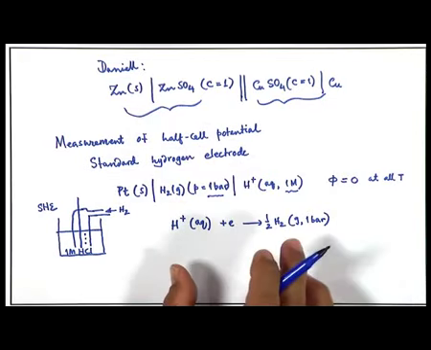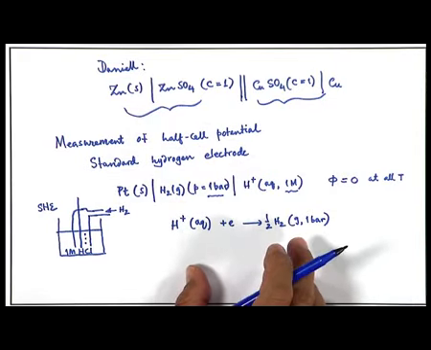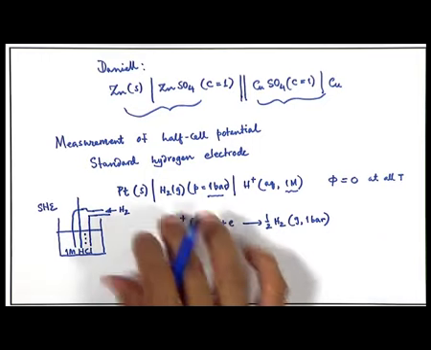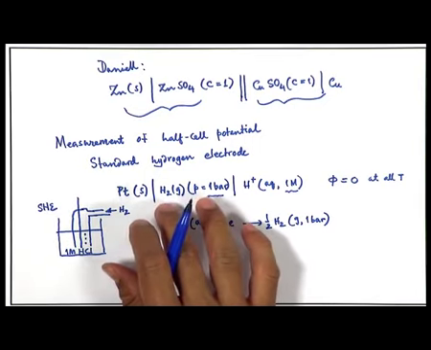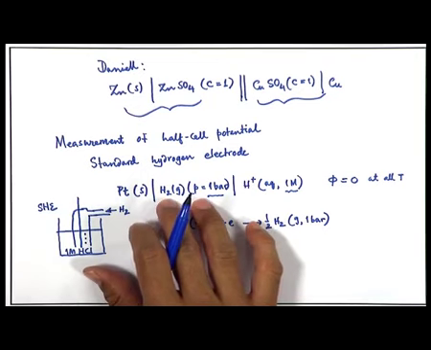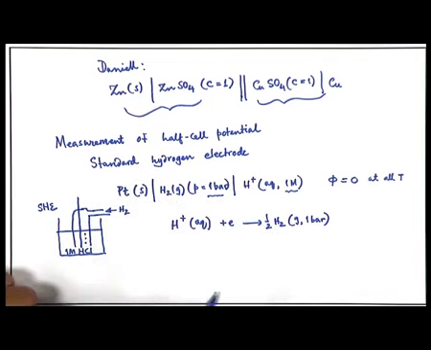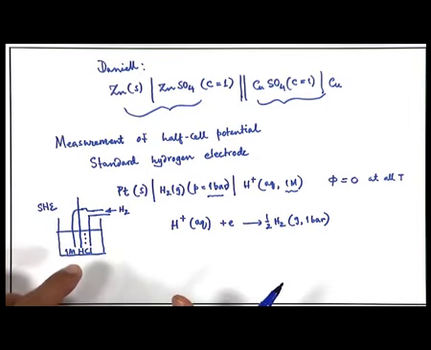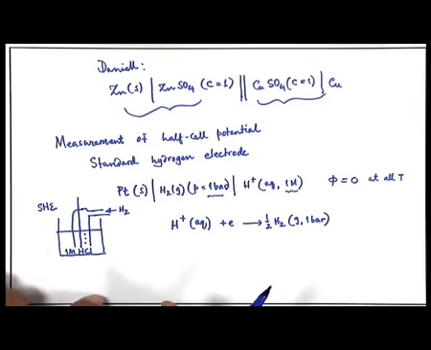That means you construct the complete cell where one of the two electrodes will be this standard hydrogen electrode, and then find out the EMF of the cell, maybe at say 298 Kelvin, and this EMF will be the potential for the unknown half cell.